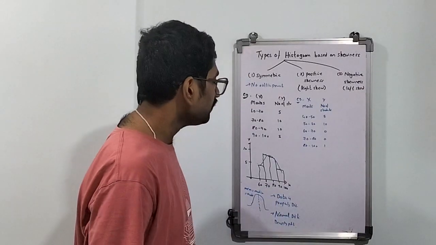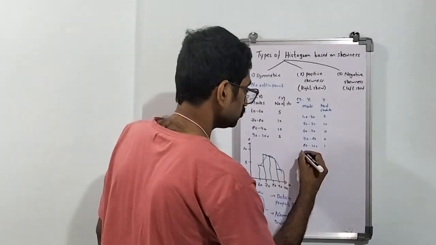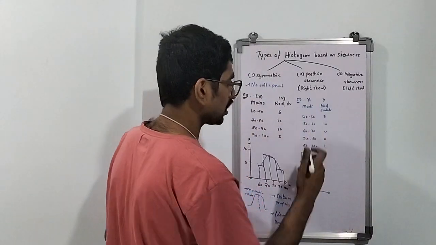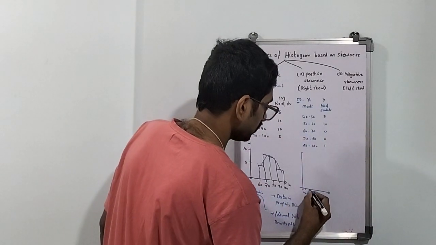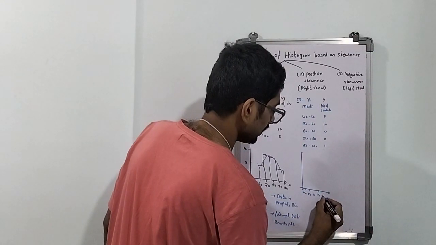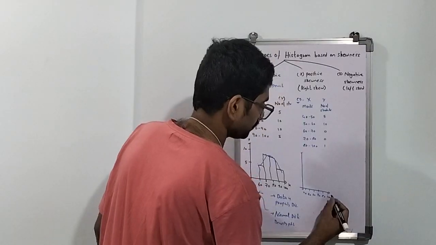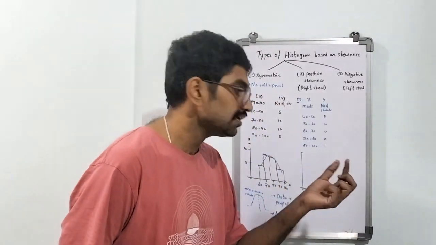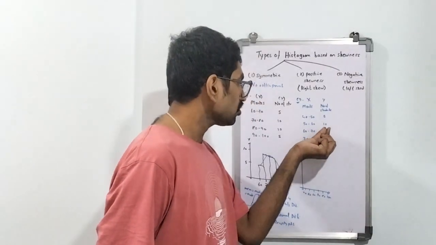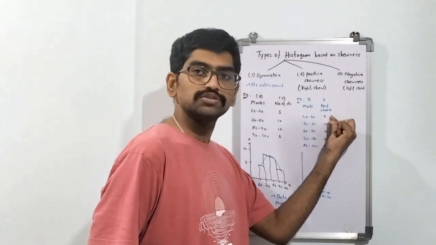Now what will we do? We will draw this plot again. If we try to draw this plot now, you have to start with 40, 50, 60, 70, 80 and 100. See here, only one student has got the highest mark. All the rest of the students are in the range of 40 to 60.